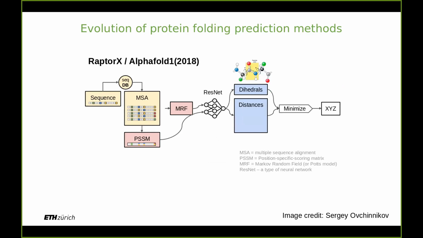From then on, more parts of this approach have been taken over by neural network models. Again, without going into many details, the idea progressed towards increasingly adding neural networks to different aspects of the problem of going from the multiple sequence alignment to the prediction of the structure.